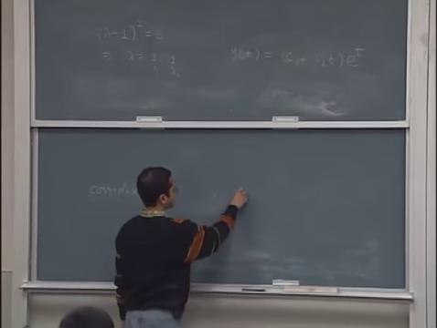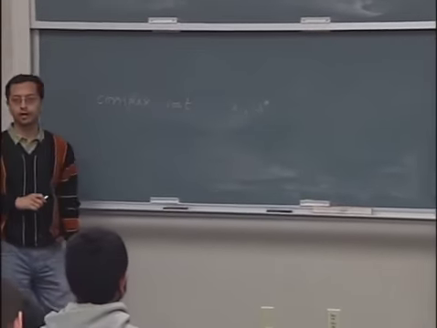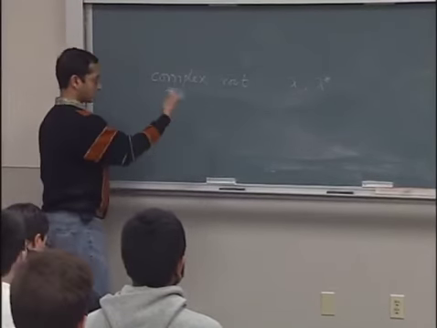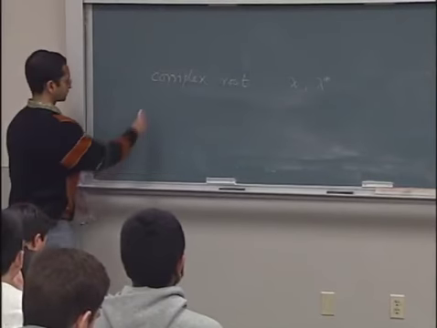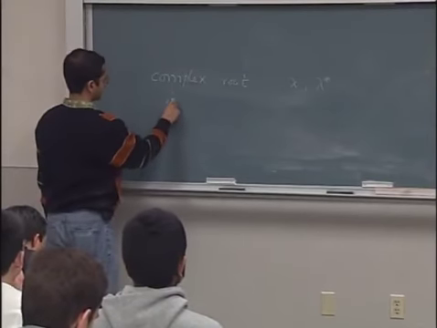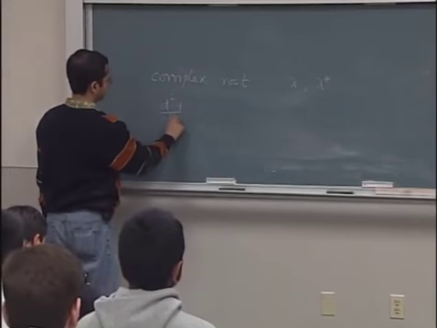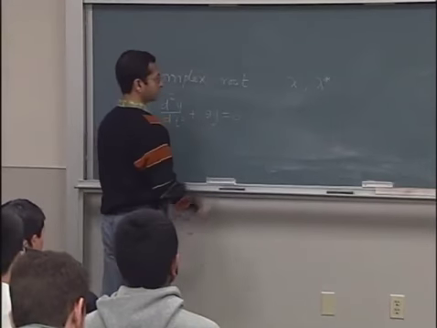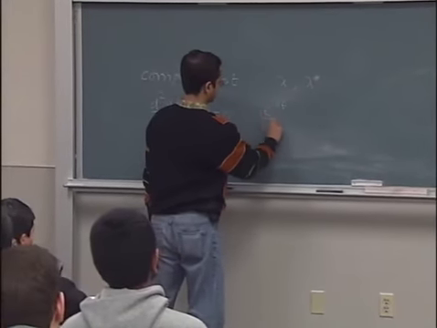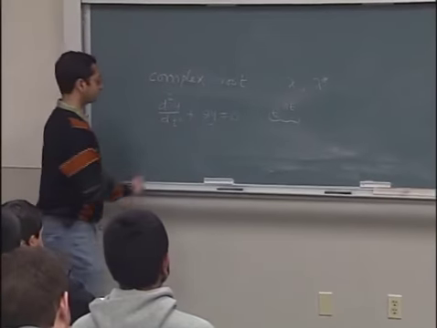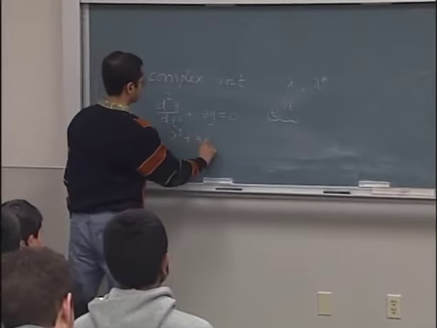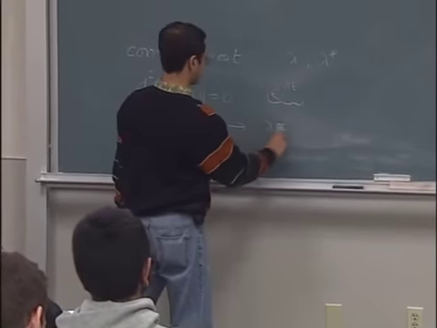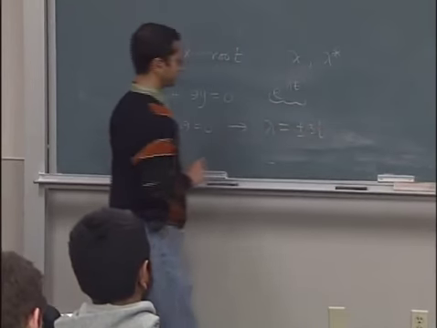So if you get a root lambda, you are going to get its complex conjugate as another root. And it always happens. It's not that it's a special equation. So for example, if I get this equation, d2y/dt2 plus 9y equals 0, and I try the e to the power lambda t solution, I plug this in and get lambda squared plus 9 equals 0. That gives me lambda equals plus minus 3i.